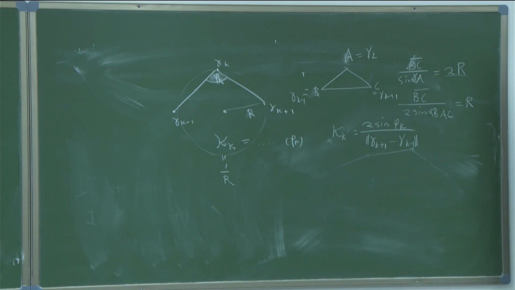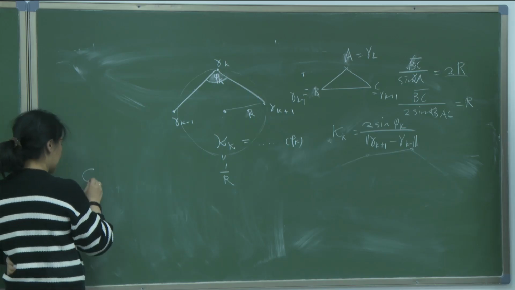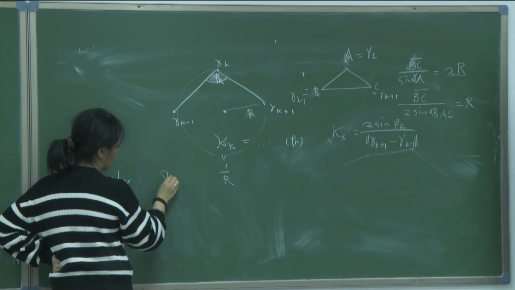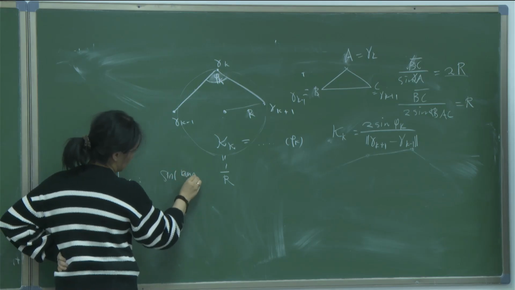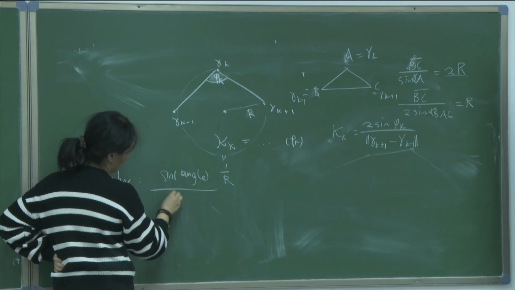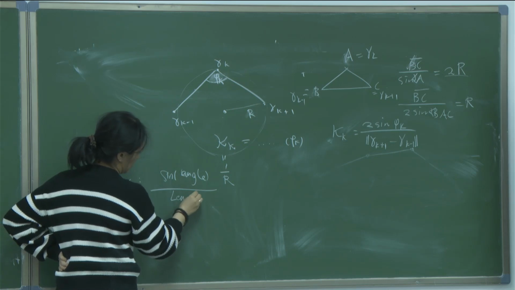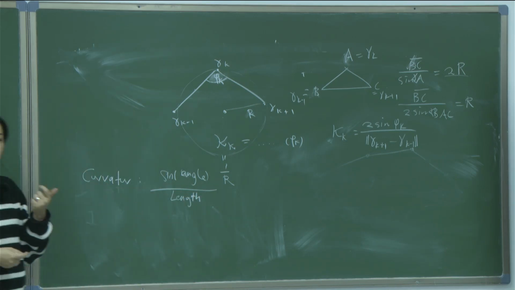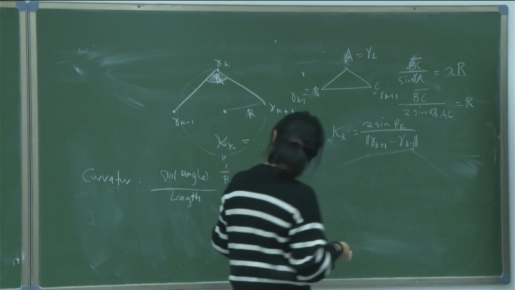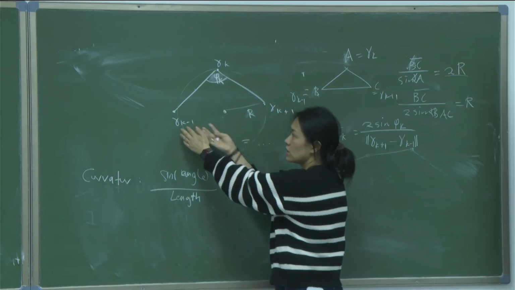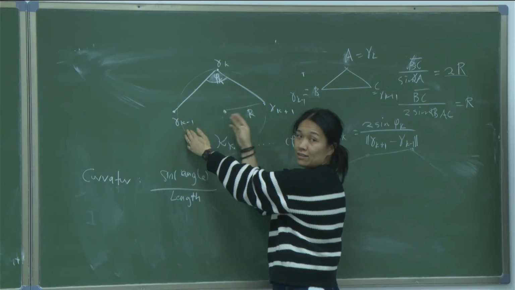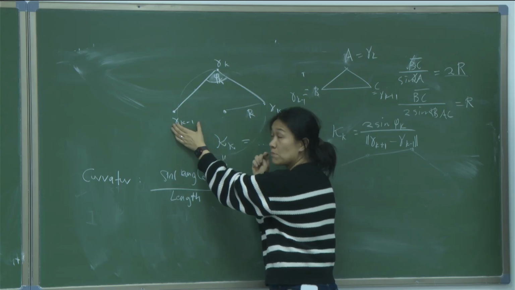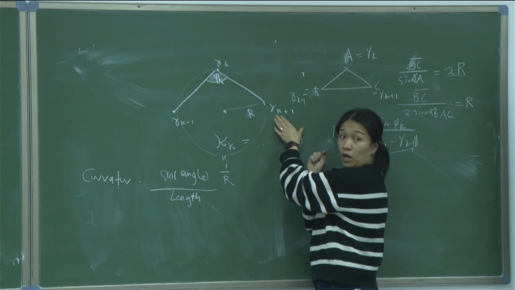So curvature basically is the sine of the angle over length, right? You see, there's a slight discomfort here because you need slightly too much information: you need information on k minus 1 and k plus 1.